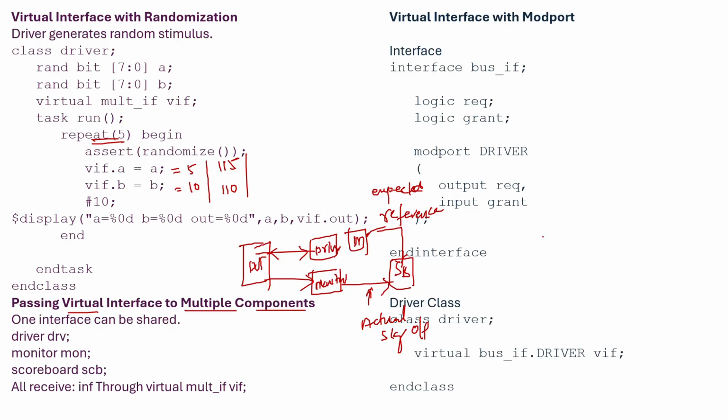See, request is the output and grant is the input. In your driver class, I am passing this virtual keyword, then bus interface dot driver VF, because in mod ports we are driving this. My mod port name is driver. Through driver we are calling the signals, because in module ports we are declaring the direction of the signals.